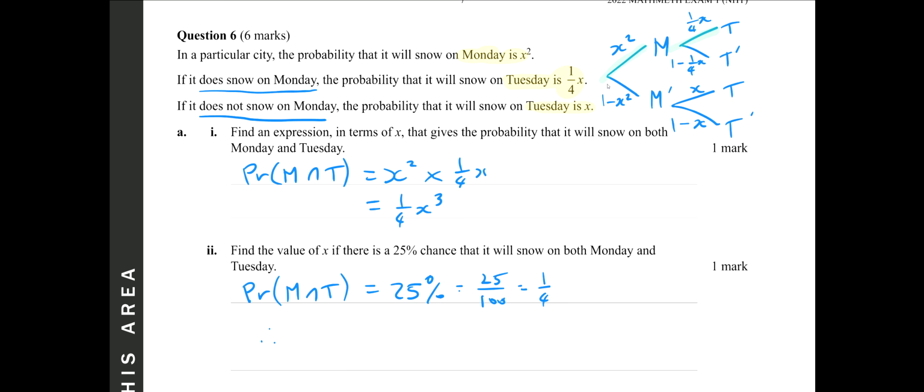So therefore, we want 1/4 equals 1/4 x cubed, which implies that 1 equals x cubed, which implies again that x is equal to 1. And the question wants the value of x. We have given it the value of x. Perfect, and that's all you need to do.